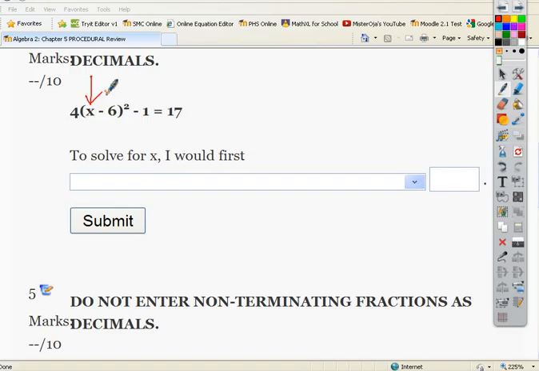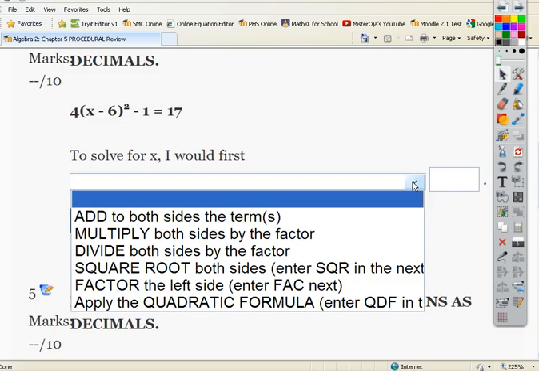Then I'm going to square root. Then I'm going to add 6. Okay. Good. So the answer that we would input for this one would just be add to both sides the term 1. Right? Okay.